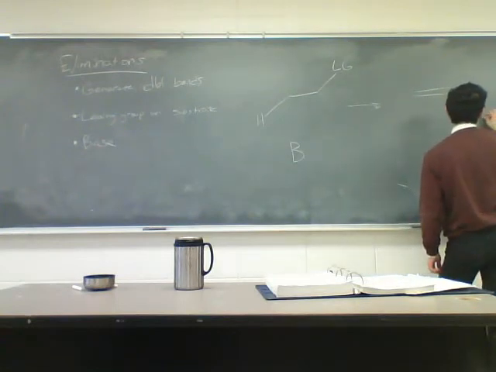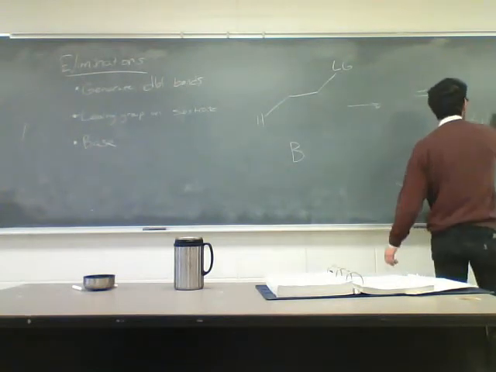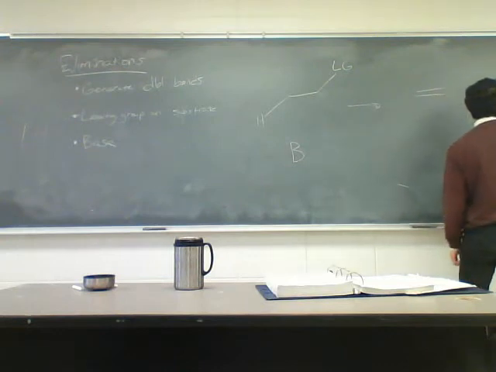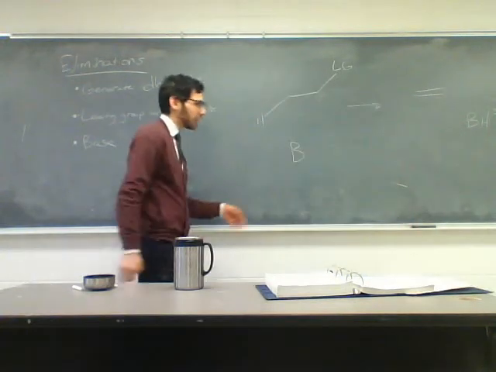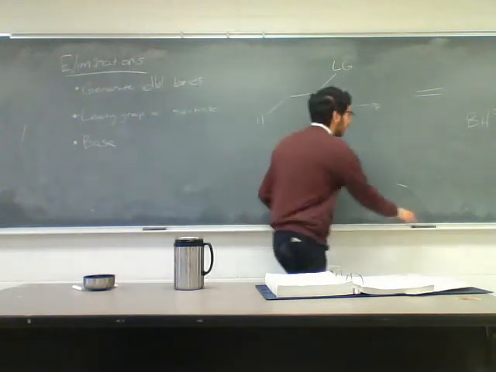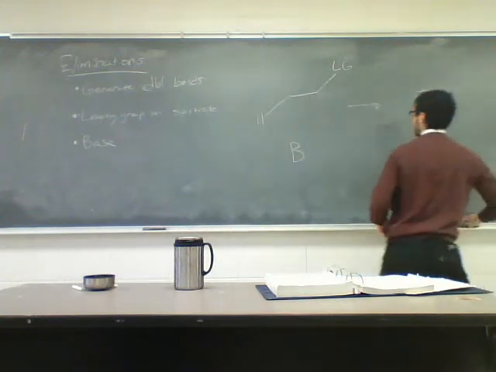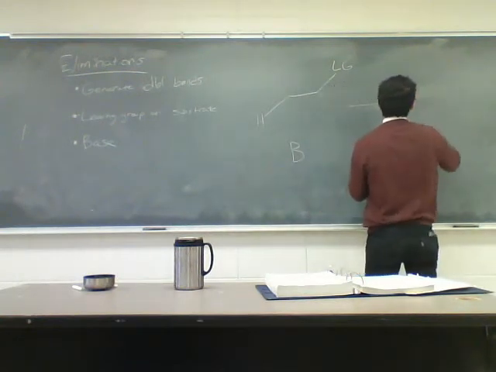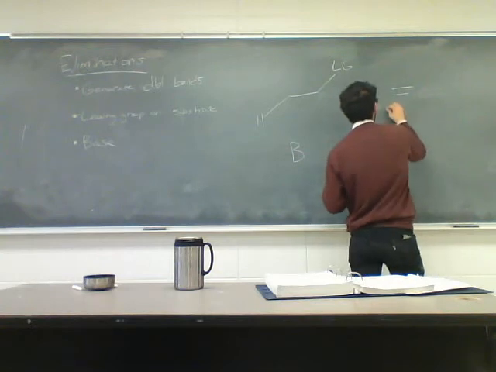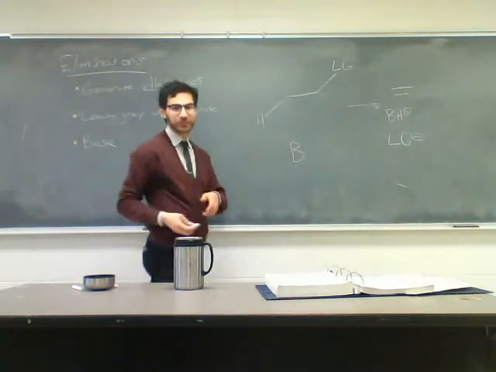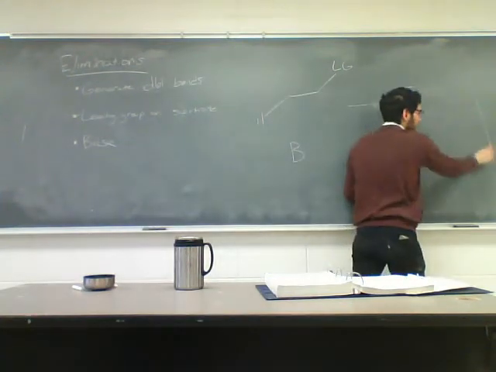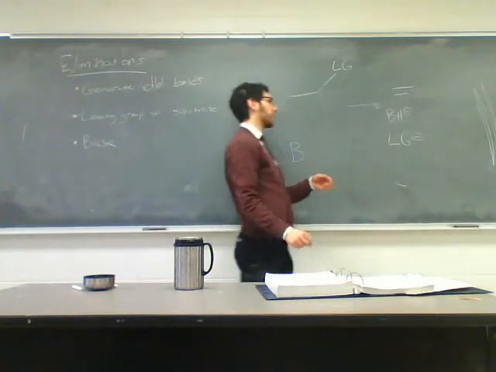We've got base grabbing our hydrogen, and we've got our leaving group, who theoretically will have a negative charge. Let me just rewrite these. So this is going to give us our double bond, our base with the hydrogen, and our leaving group who is negatively charged. Cool. Great.